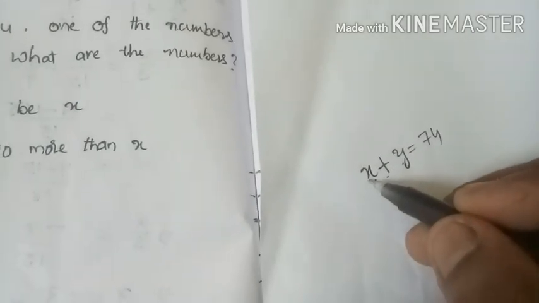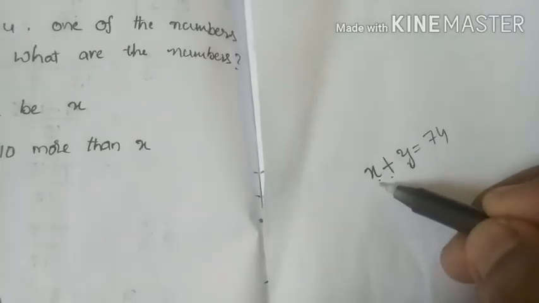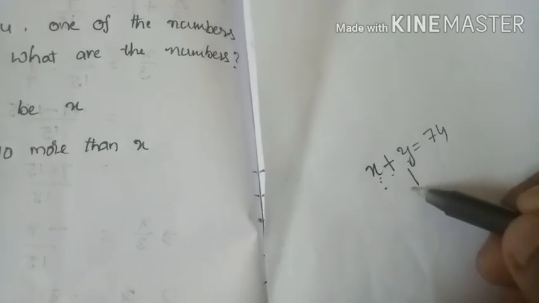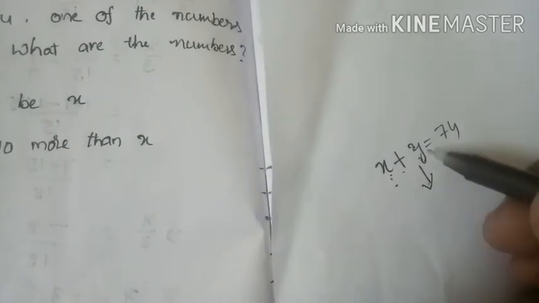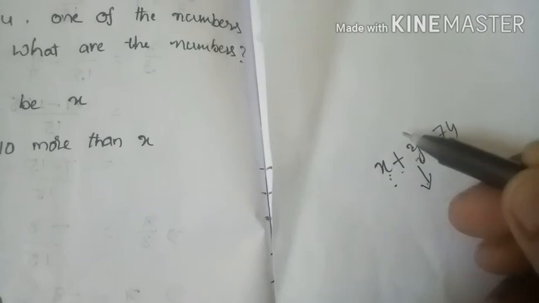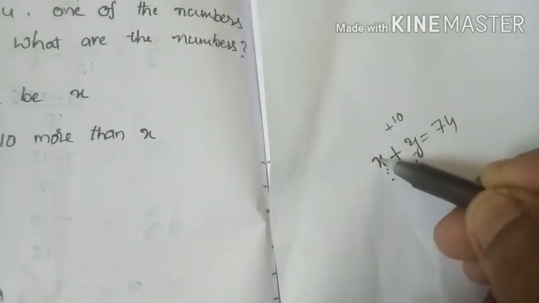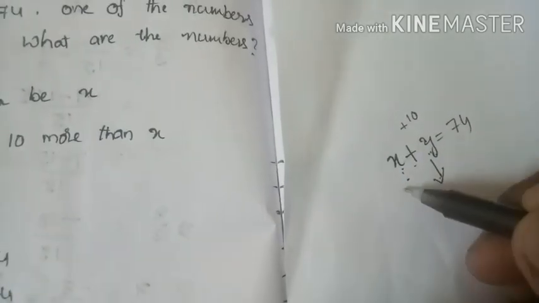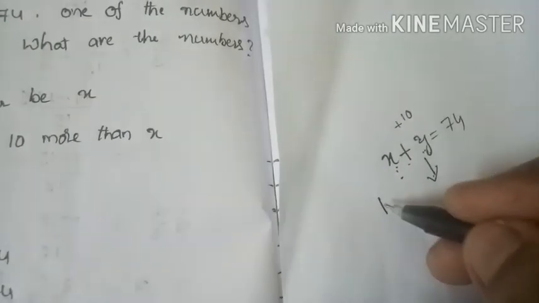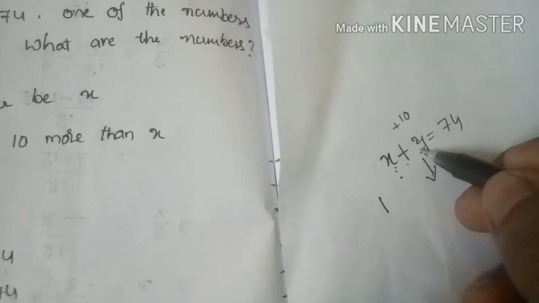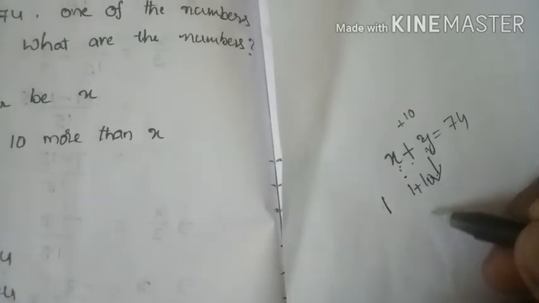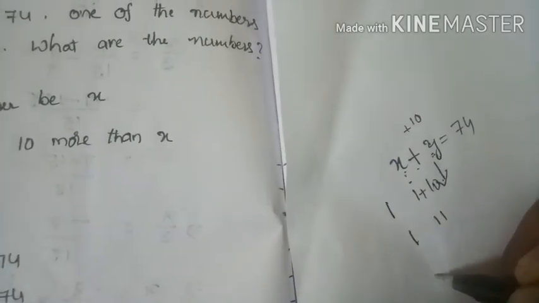Another condition is that one of the numbers is 10 more than the other. Suppose this number is 1. What about this one? 1 plus 10, that is 11.